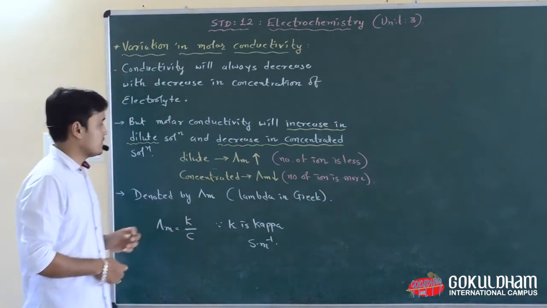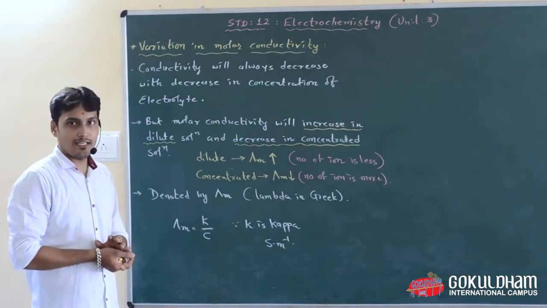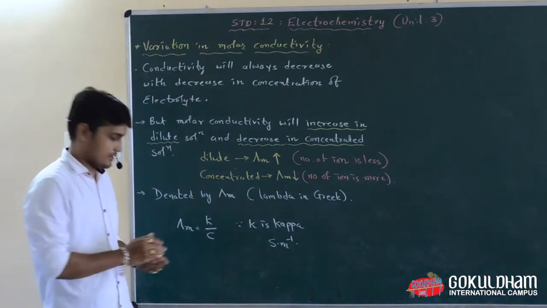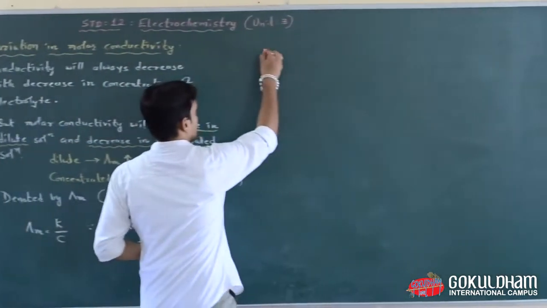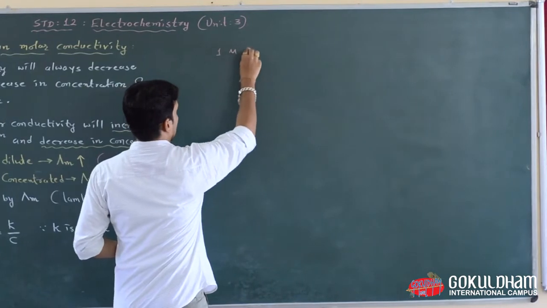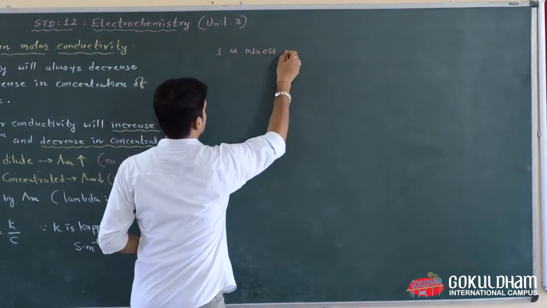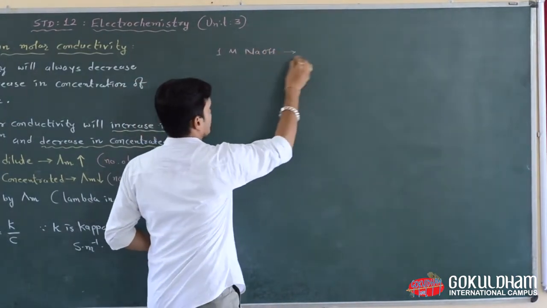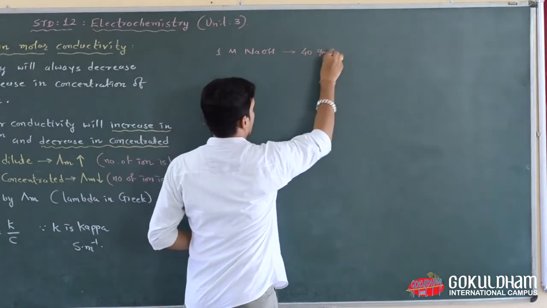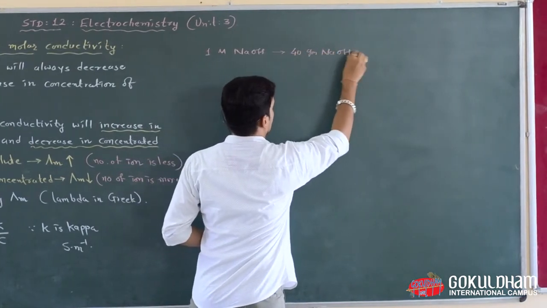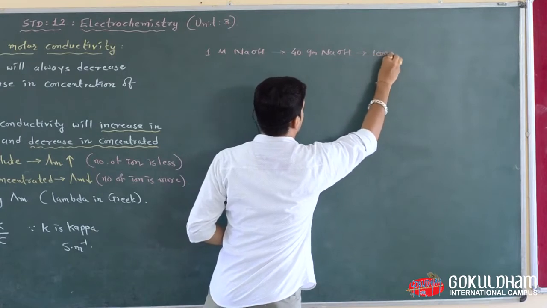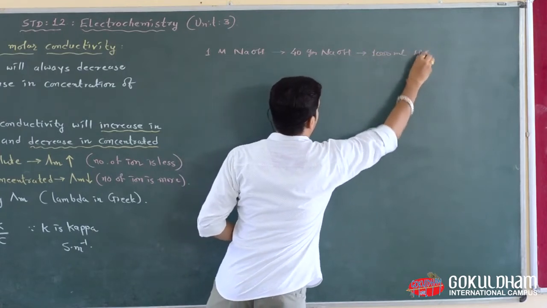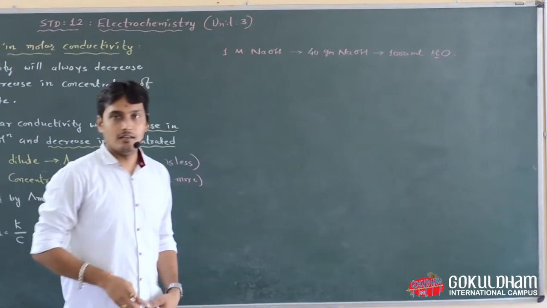Now, suppose we have a normal aqueous solution of NaOH. 1 molar NaOH solution means what? 40 gram of NaOH is dissolved in 1000 ml water.